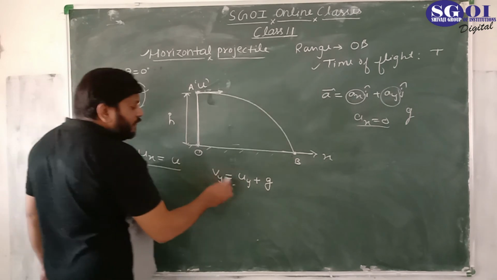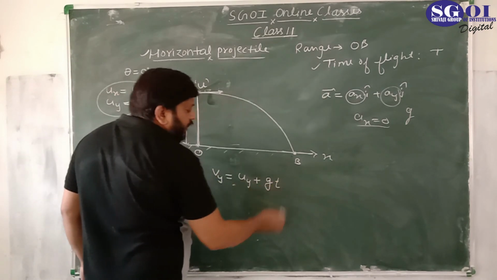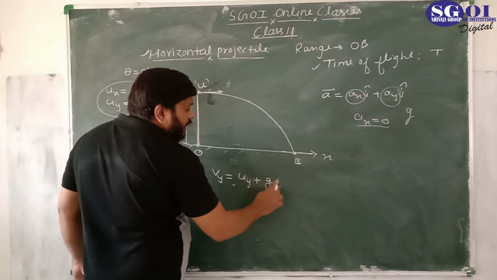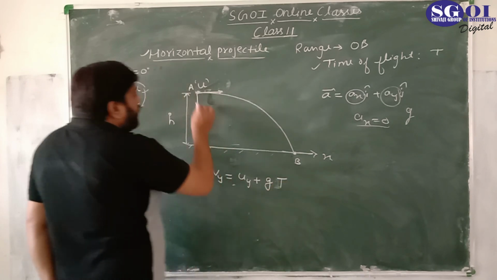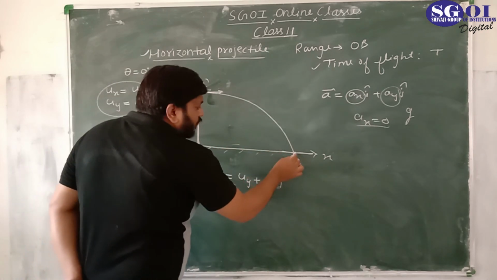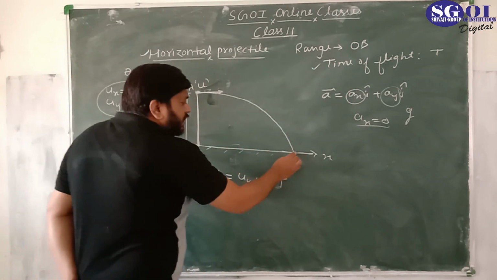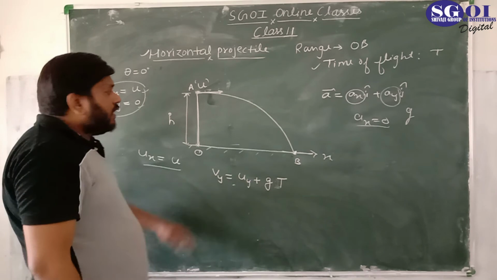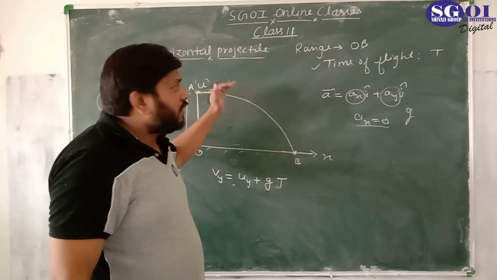So vy equal to uy plus gt, and we take t as capital T, the time taken from here to here, during which it is in the air, which is the time of flight.